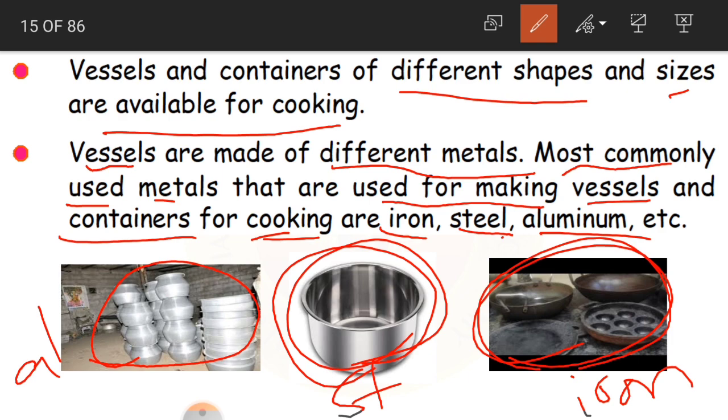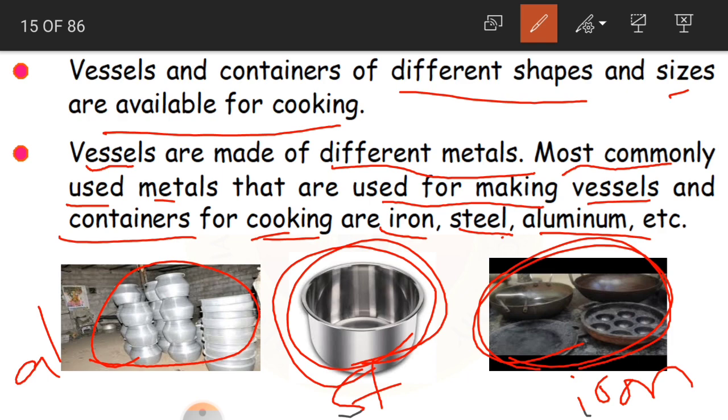And we also use some other metals like copper. Copper containers we also use, like copper bottles where we store our water, and as it is good for health to drink from a copper container, these days we prefer to drink water from a copper bottle.